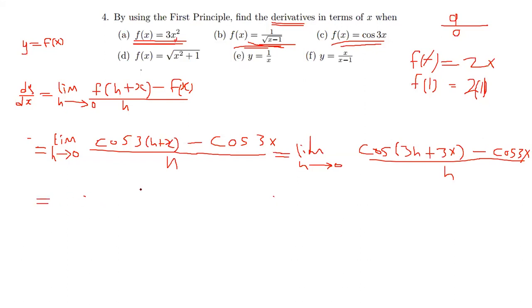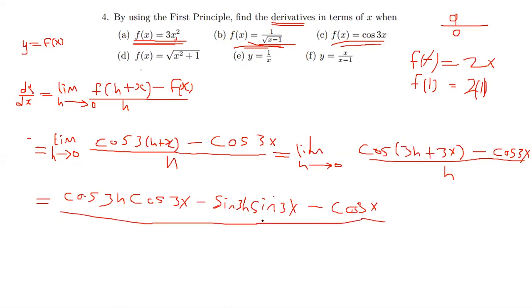So on cos of 3h plus 3x, I'm going to replace it with the compound angle formula, which is cos 3h cos 3x, minus sine 3h sine 3x, and then I'm going to subtract cos 3x. And then we divide everything by h.